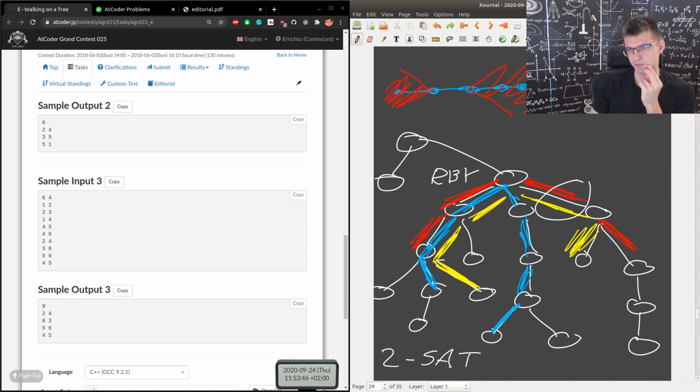Red and yellow, they meet here. So for sure I want them in two different directions. And let's say, without loss of generality, that red goes here to the bottom, yellow goes up.